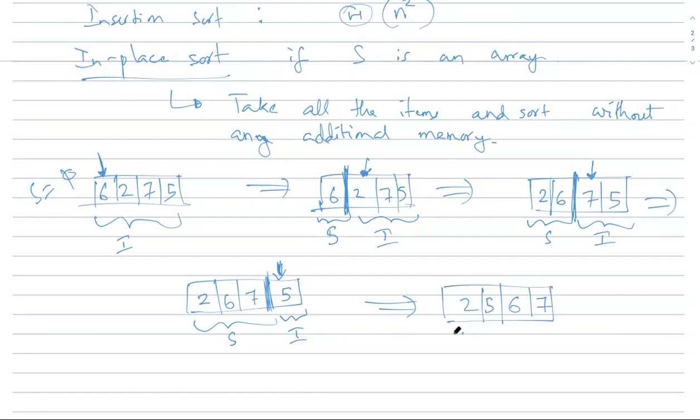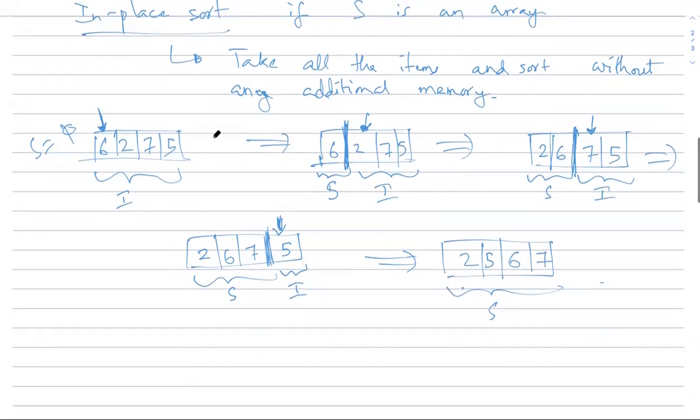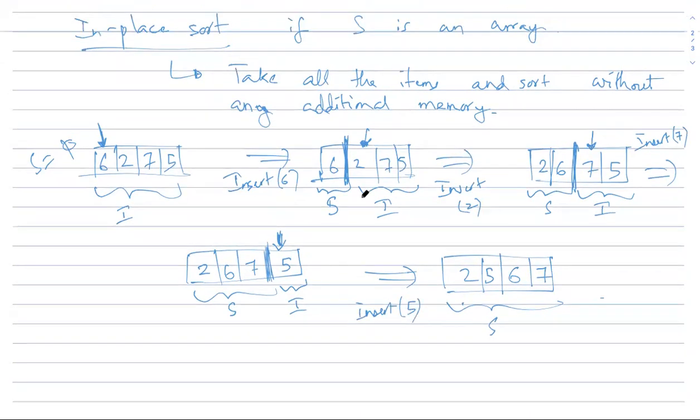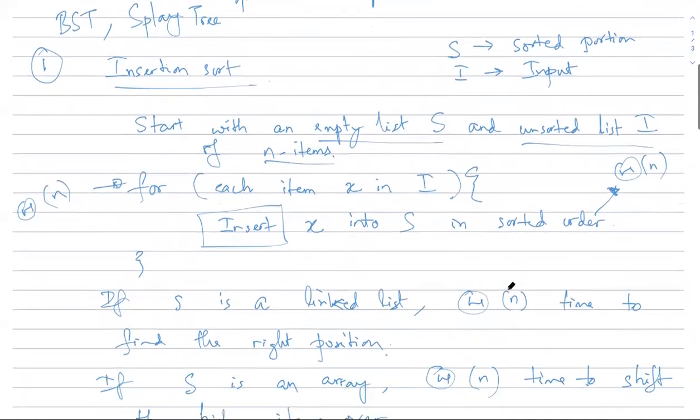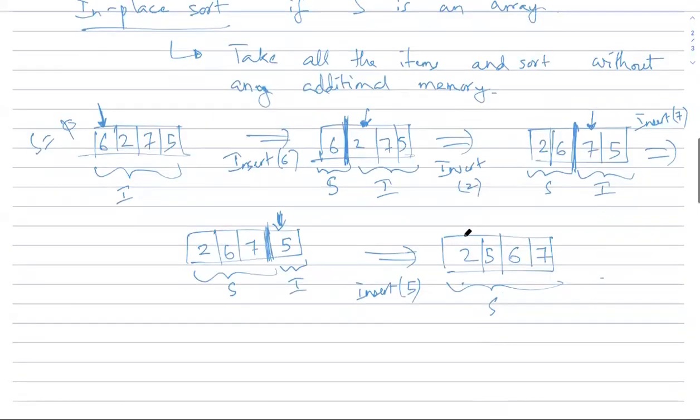And there you get the whole thing as the sorted entry. You can see that at every step, whatever is pointed to by the arrow, we were inserting into S. Here we inserted 6. Here we inserted 2. Here we inserted 7. Here we inserted 5. So this is the step we executed: insert X into S in the sorted order.